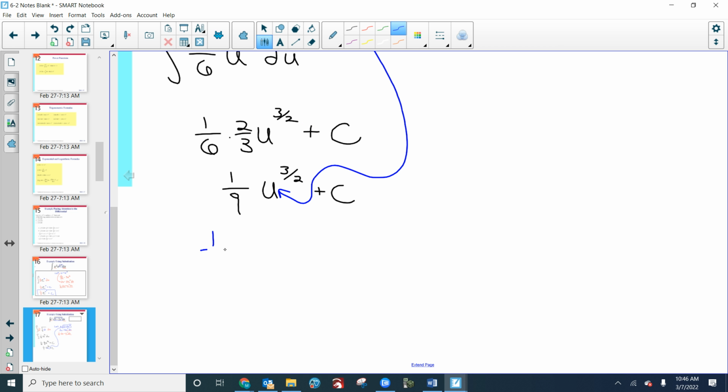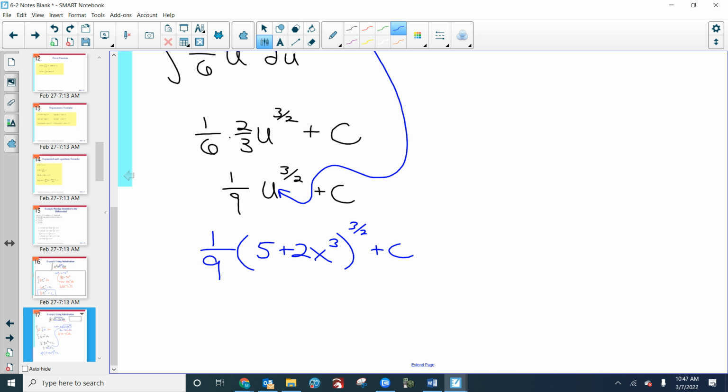So I have 1/9 parentheses 5 plus 2x cubed to the 3/2 plus a constant. That was one you probably could not have guessed and checked out. You couldn't have just sat there and said, just give me a minute. I'll just guess and check this one. Okay? Probably not. Make sense?